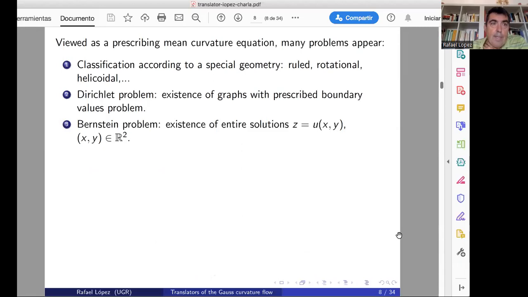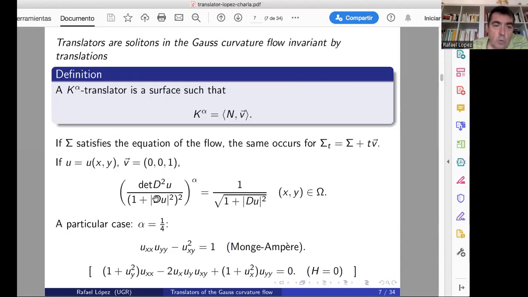Okay. Then there are many problems that you can pose with the above prescribed Gauss curvature equation. For example, find examples with special geometry, for example, ruled surfaces, rotational surfaces, etc. Also the Dirichlet problem. The Dirichlet problem is to solve this equation in some domain of the plane with some prescribed boundary value.